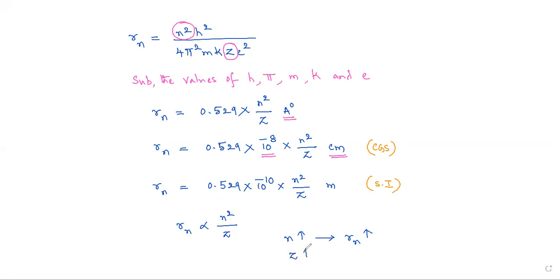Similarly, with increase in Z, radius of nth orbit decreases. So in the first case they are directly proportional, whereas in the second case they are inversely proportional. So that is all about the radius of the orbit.